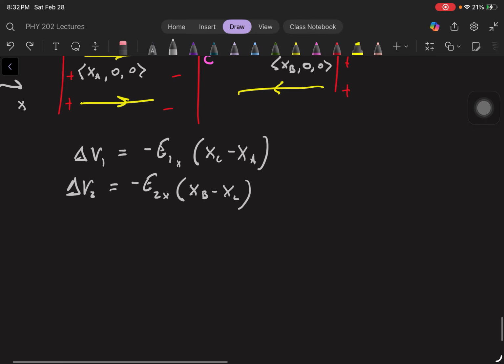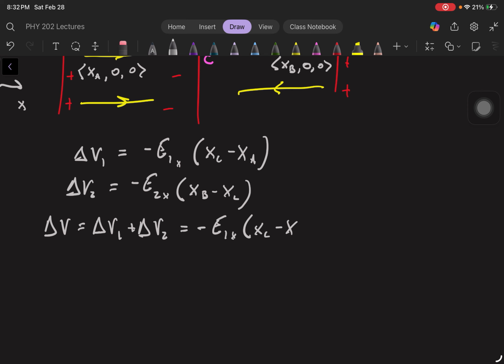Okay, and so we can say delta V is equal to delta V1 plus delta V2, which we can say is negative E1x times xc minus xa, minus E2x times xb minus xc.